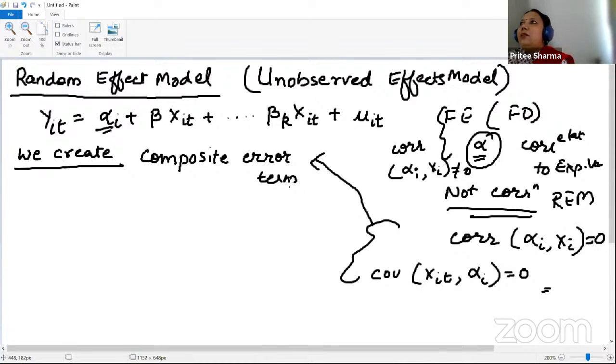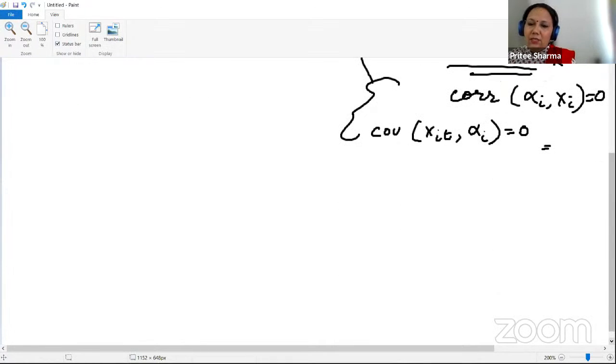Okay. Now, some of the books and some of the authors might have also simplified this understanding in two ways. One is, when we are using the fixed effect model, our focus was on alpha i, which was time constant.